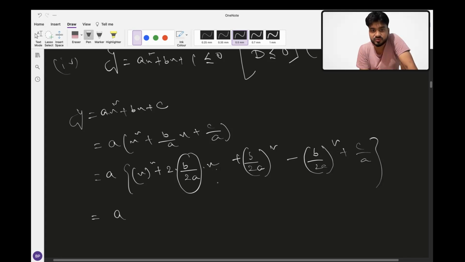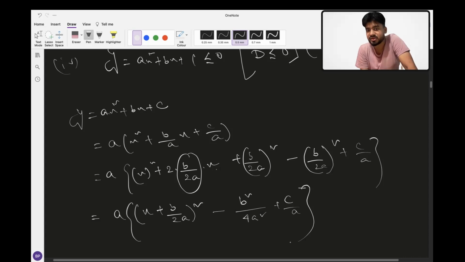a into x plus b by 2a whole square minus b square by 4a square plus c by a. That's clear? Or is there any doubt?